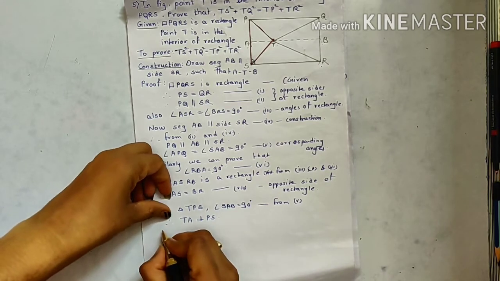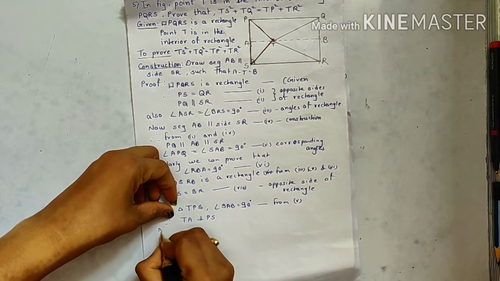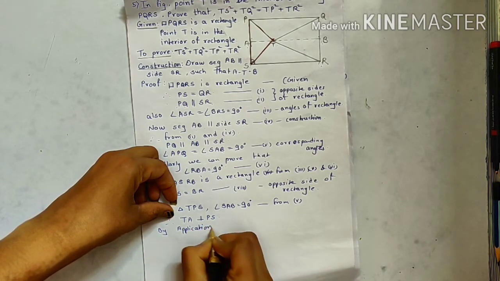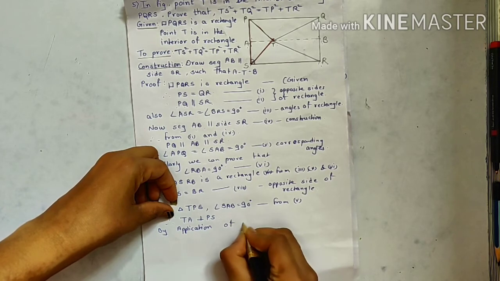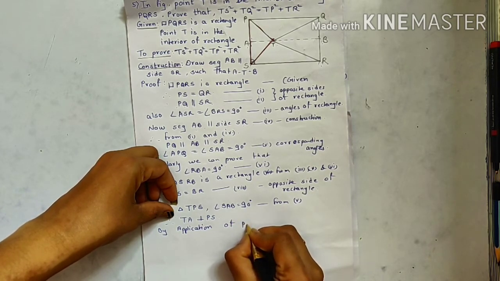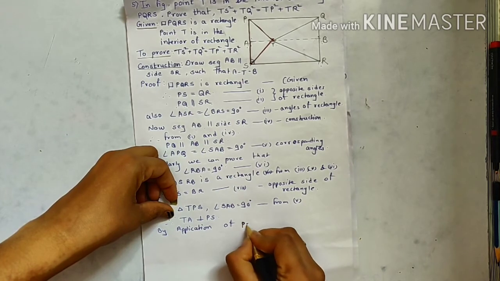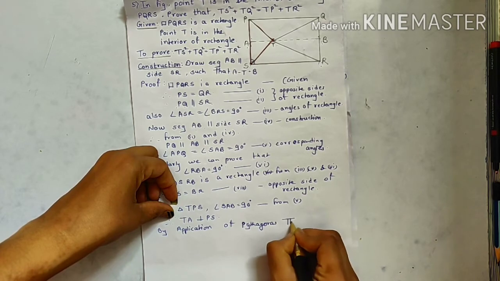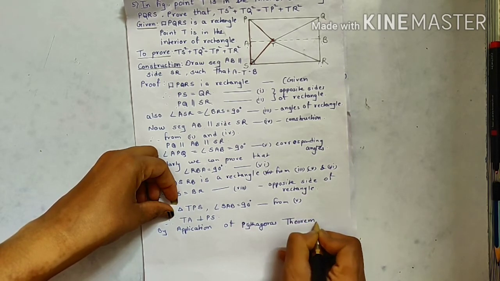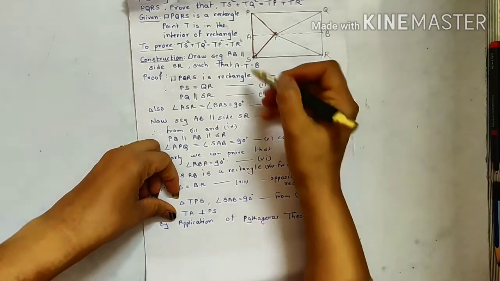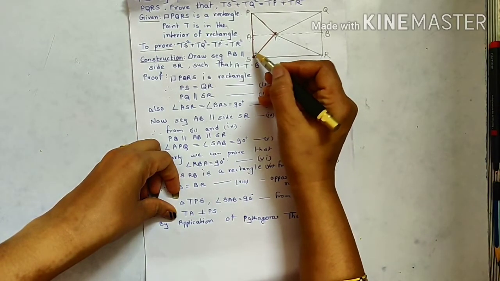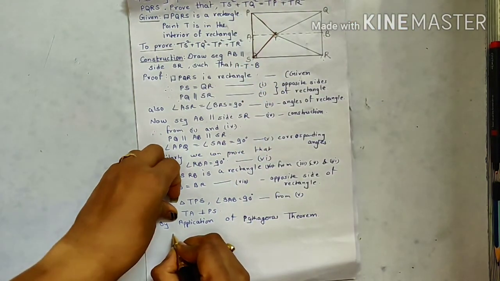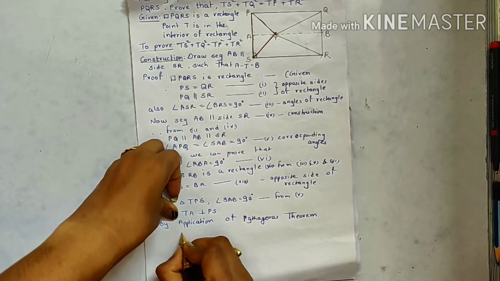Now, we can apply Pythagoras theorem. So, by application of Pythagoras theorem, angle S is an acute angle, so we will apply Pythagoras theorem here. The side which is opposite to that acute angle is side TP.